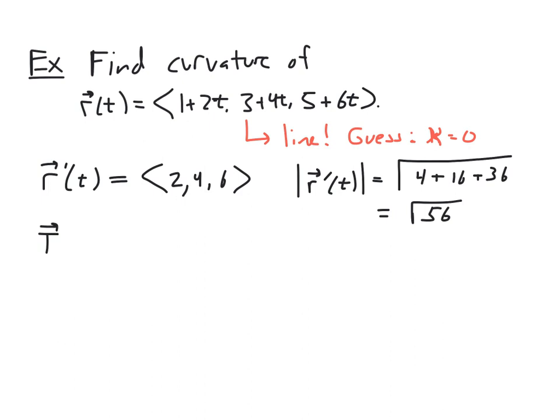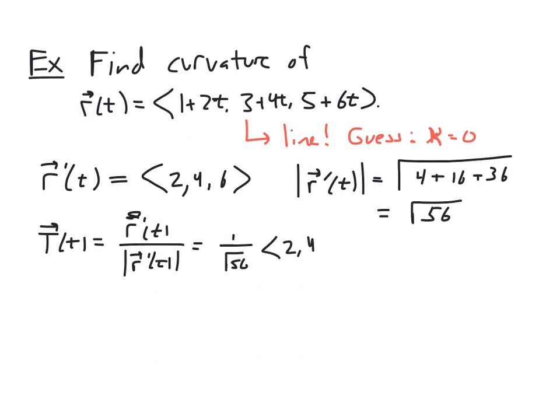So now we need to compute the unit tangent vector, capital T. Well, we know this is r prime divided by the magnitude of r prime. And so this will be 1 over square root 56 times the vector 2, 4, 6.